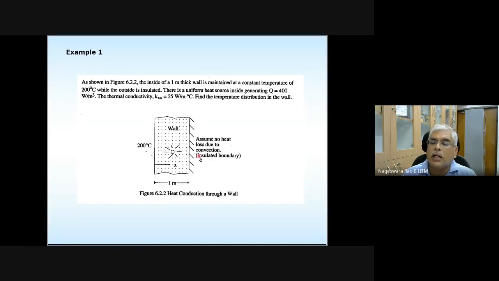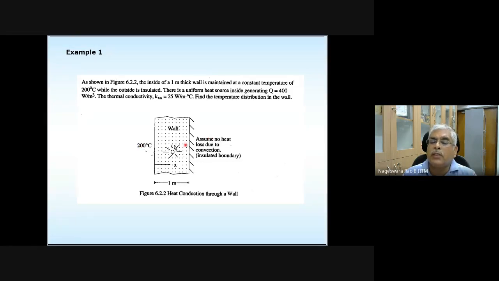Here an application is given. It is temperature distribution. You need to find temperature variation along the thickness of the wall, which is of thickness 1 meter. On one side, the temperature is 200 degrees centigrade. The other side, it is insulated. Okay, it's an insulated boundary, so heat cannot escape from that side.